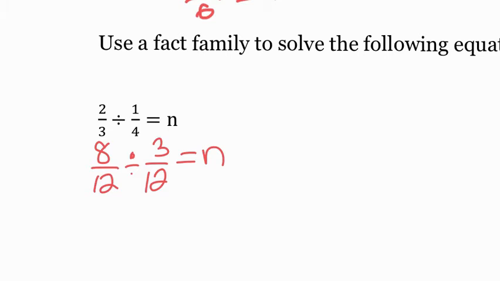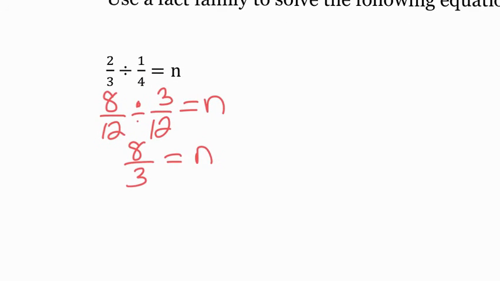Notice I'm still leaving that n there. So now I divide by numerators and I rewrite it as 8 divided by 3, and my 12s cancel out. 12 divided by 12 is 1, so anything over 1 is itself, so that's why I have 8/3 equals n. And we're good right there. If you'd like to, and if you need to, express it as 2 2/3 equals n.